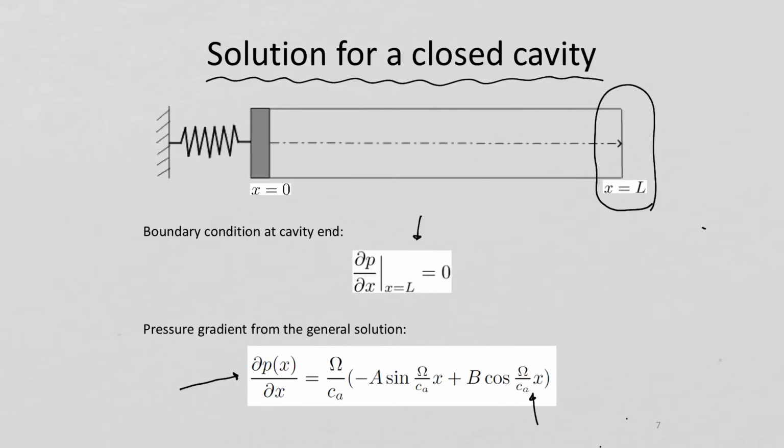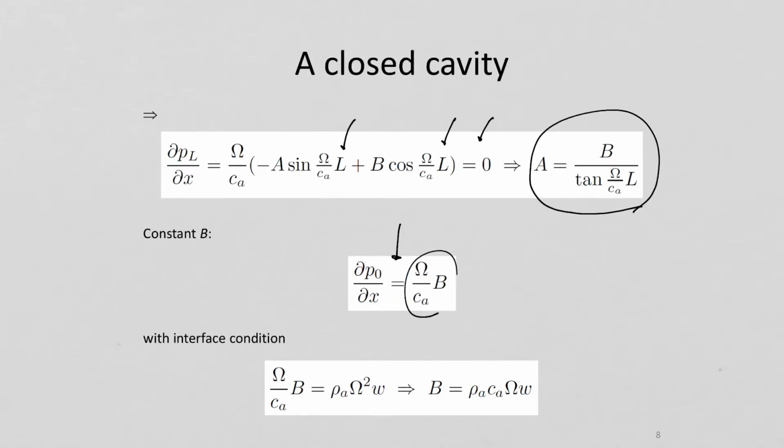Then we get a 1 here. And inserting x equal to 0 here, we get a 0 here. That means that in total we get omega over c_a multiplied by B on the right hand side. That's what we find here.